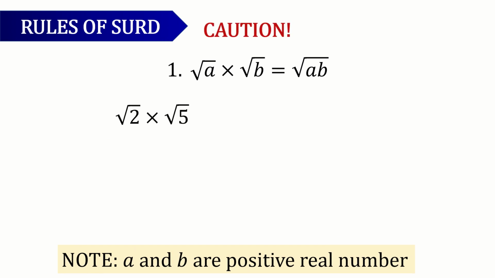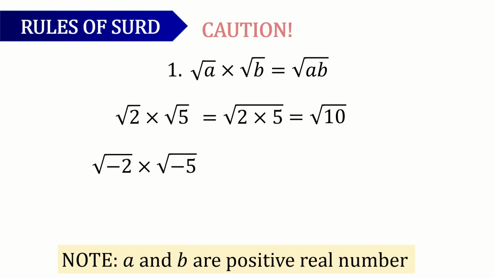So be careful. For example, let's say we have surd 2 times surd 5. We can use this rule, so this is equivalent to surd 2 times 5, and we know that 2 times 5 is 10, so this equals surd 10. This is correct. But for surd negative 2 times surd negative 5, we cannot apply this rule.